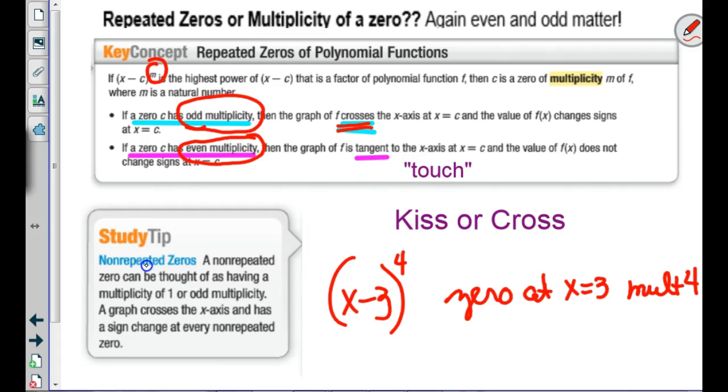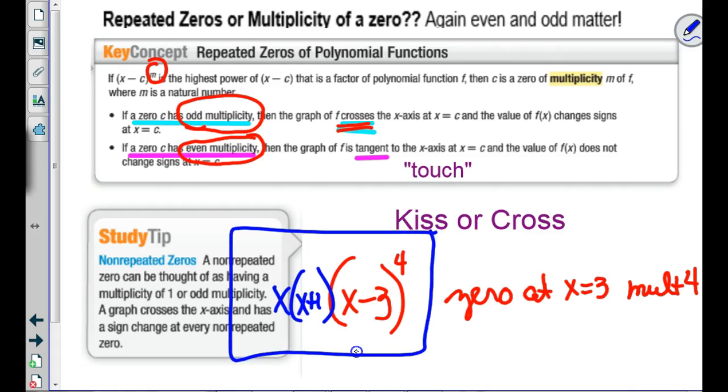All right, so a non-repeated zero can be thought of as having a multiplicity 1. Okay, so if I wrote this polynomial, this was my whole polynomial, can anybody tell me what degree that is? It's not degree 4. Does anybody know? This would be an x to the 4th if I FOILed it all out, but then I'd multiply by this x and this x. It's x to the 6th, okay? There is a zero at 0, and there's one at -1, right?